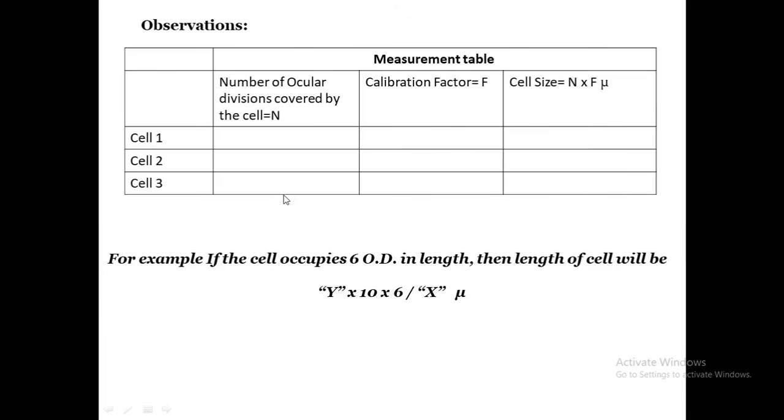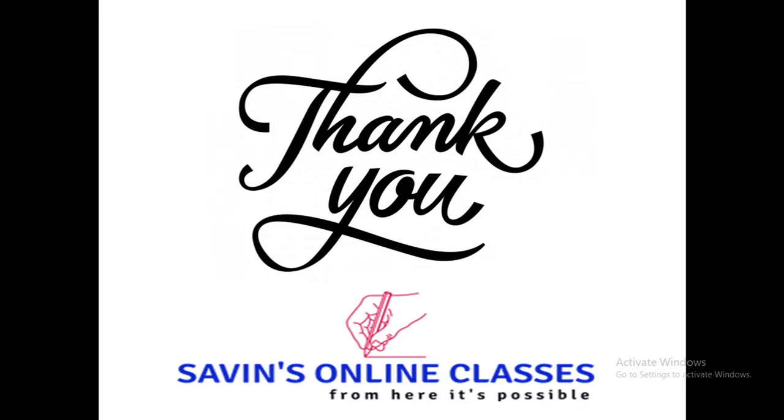Cell size can be calculated by multiplying the number of ocular divisions covered by the cell by the calibration factor, which we have already calculated in the calibration table. So my dear friends, this was all about how to measure a cell size by using stage and ocular micrometer.